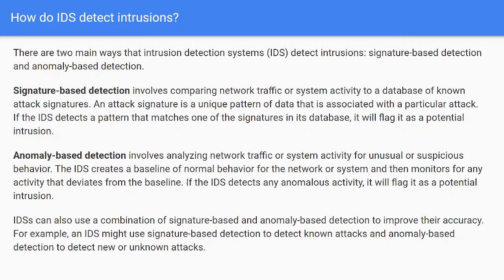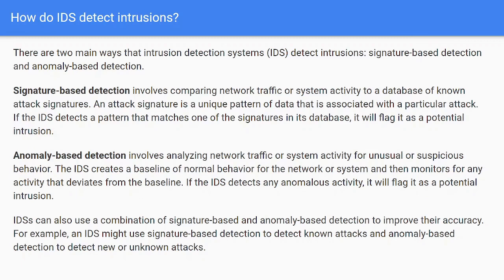Signature based detection involves comparing the network traffic or the system activity to a database of known attack signatures. An attack signature is a unique pattern of data that is associated with a particular attack.